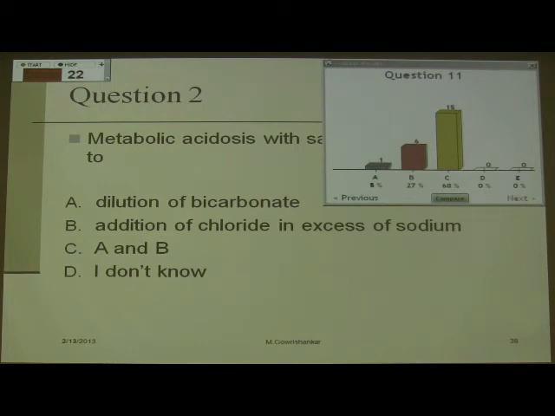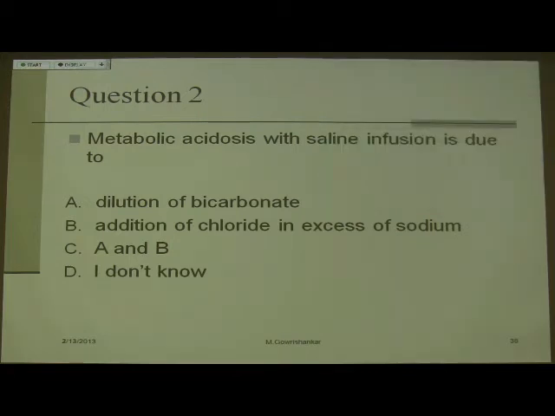Oh, still got a few. That's all right. Can't be 100%. So it may be as a result of dilution, or it may be as a result of Stewart's theory of hydrogen dissociating from water.